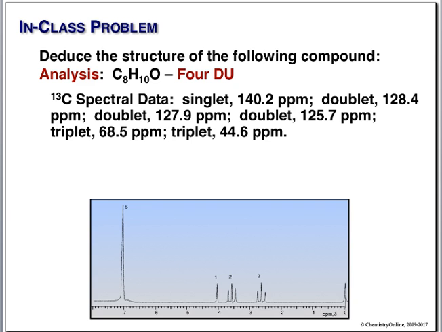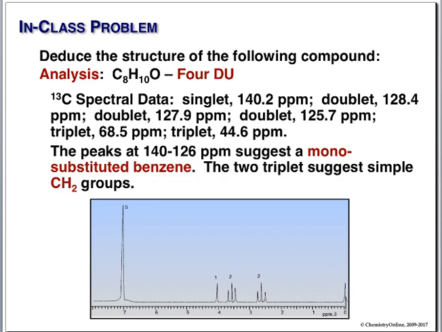We also have a triplet, that's a CH2, and another triplet, that's another CH2. So we have 2 CH2s. This sounds like a monosub benzene and 2 simple CH2 groups.